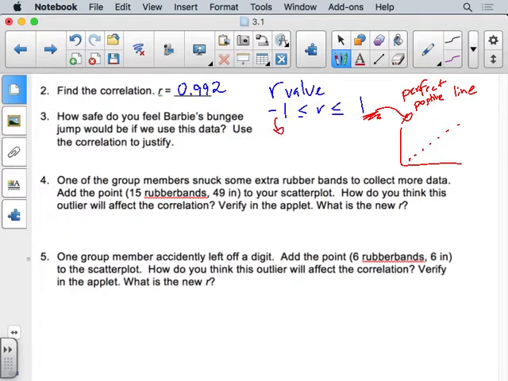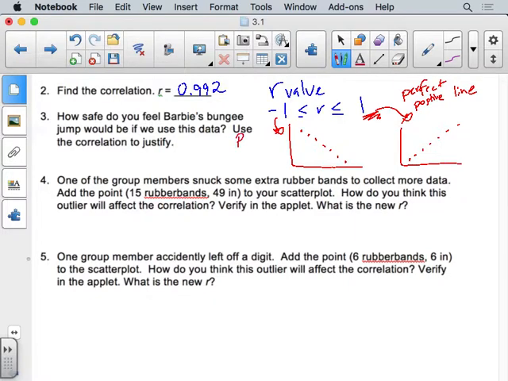And -1 would be the opposite, and it would be a perfect negative line. So if you are exactly 1, you are basically fitting a line through your data perfectly.